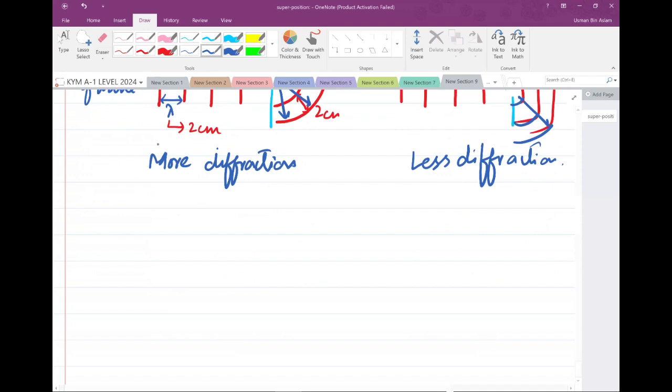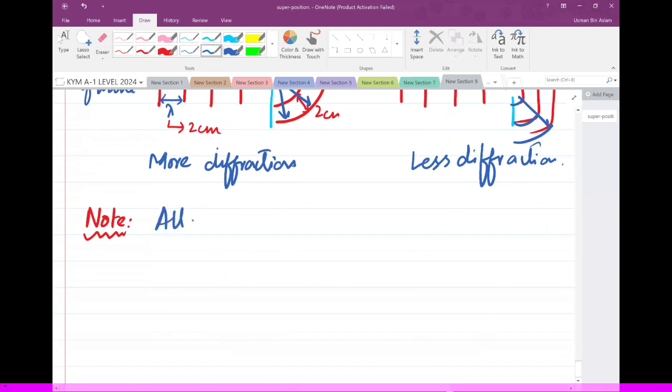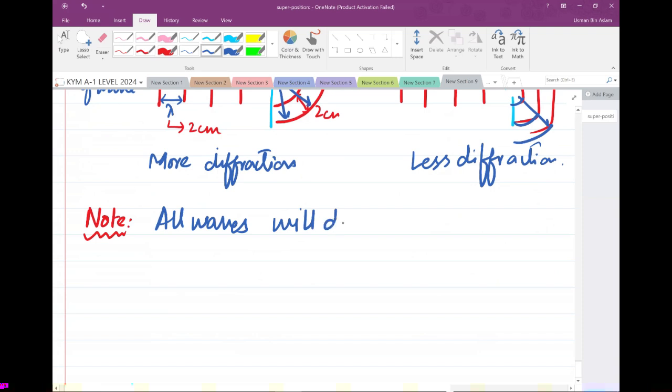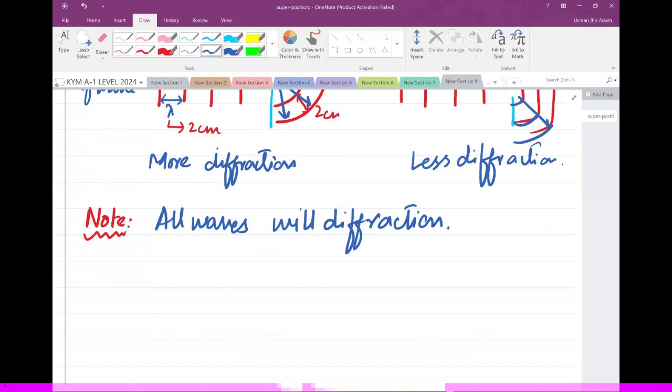Diffraction is something that is common with all types of waves. Note, I'm going to write this fact as a note. All waves will diffract. In fact, diffraction is such a common trait for all waves that we use diffraction of a wave to identify if something is a wave or not.